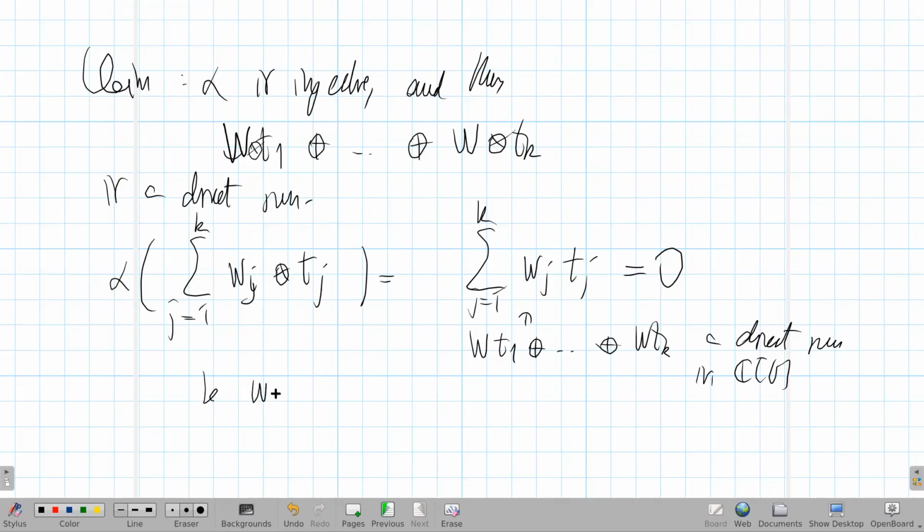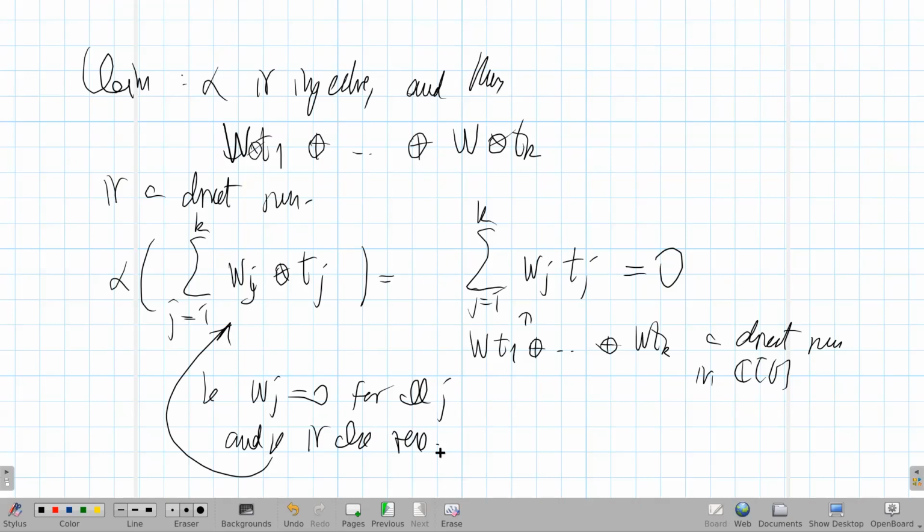So Wj equals 0 for all j. And so this means that this element is 0.